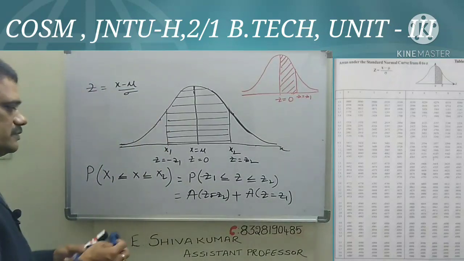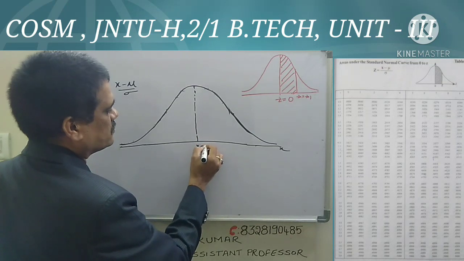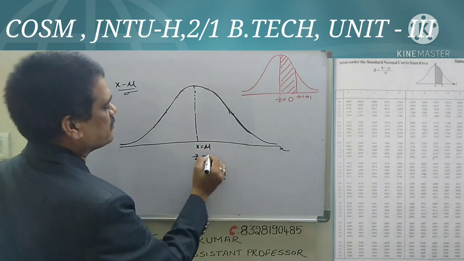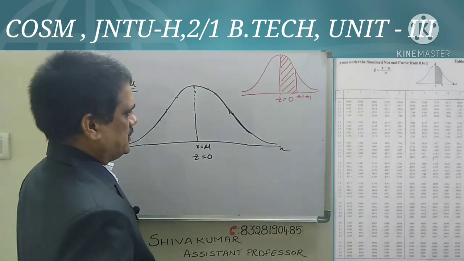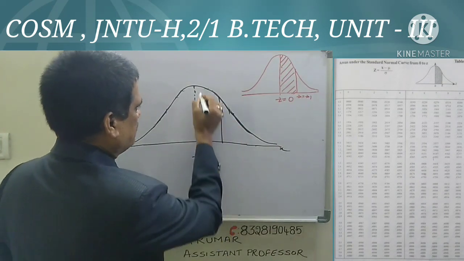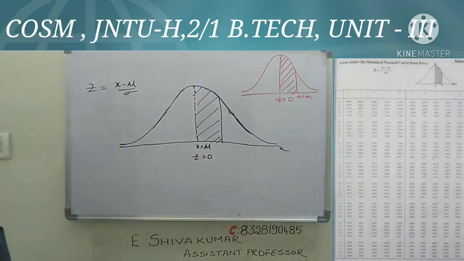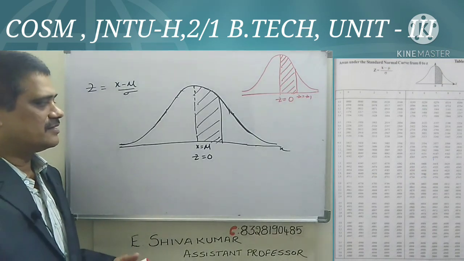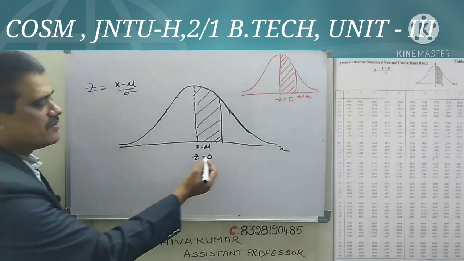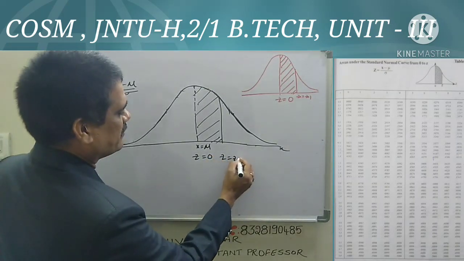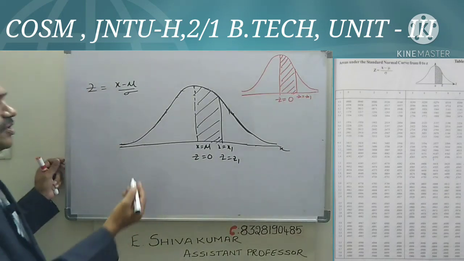Right. Now another case: x equals mu, the corresponding z value is 0. If you want to calculate this region, it is very easy, because all the table values are given for this region only, from z equals 0 to z equals z1, where x equals x1. So there is no need to modify anything.